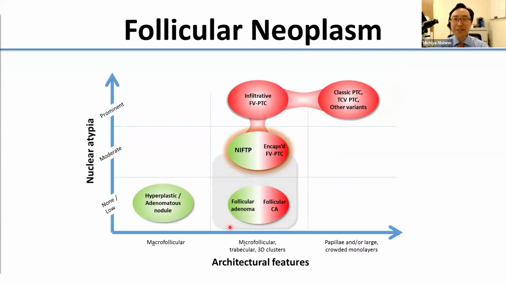Coming back to this simplified matrix, aspirates that we place in the follicular neoplasm category occupy that gray zone at the intersection of mild to moderate degrees of nuclear atypia and crowded microfollicular architecture, where the main differential diagnosis is follicular adenoma versus follicular carcinoma, and perhaps some cases of NIFTP and its invasive counterpart as well.